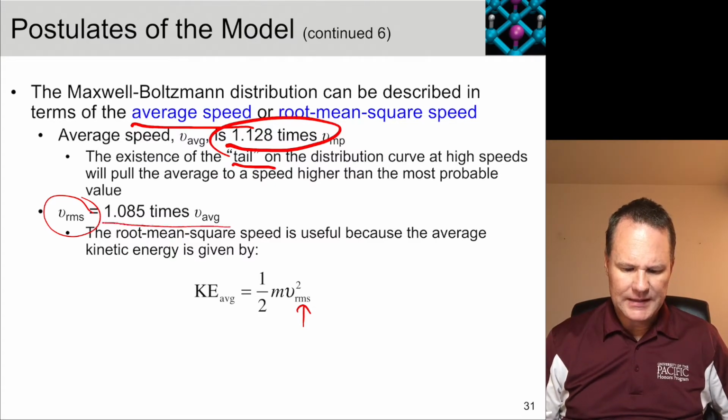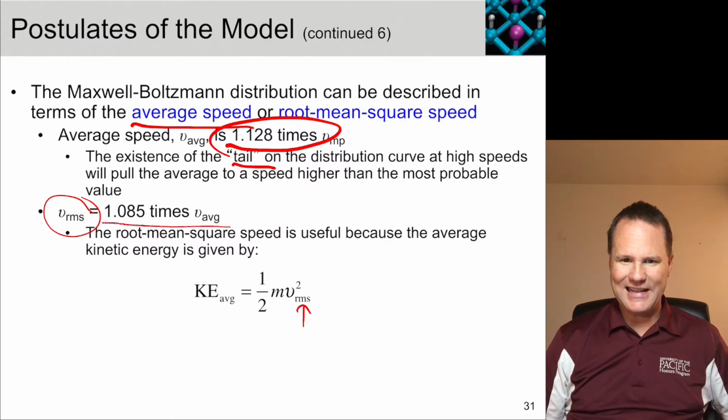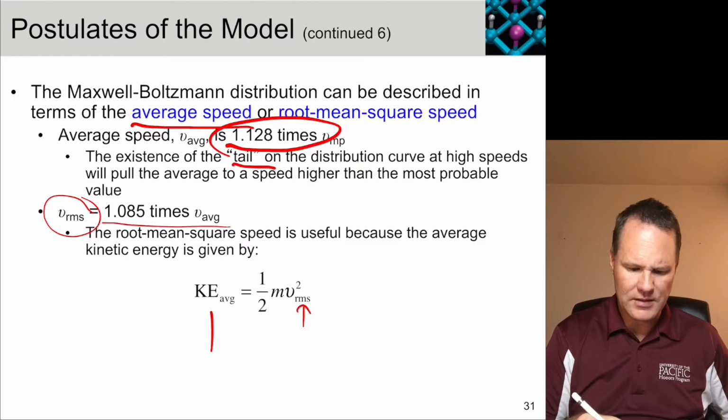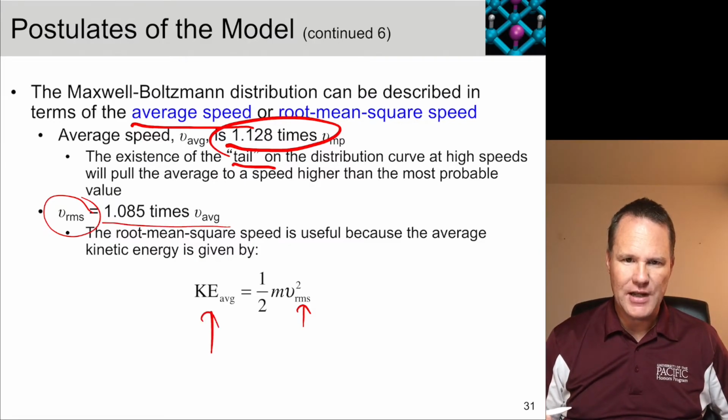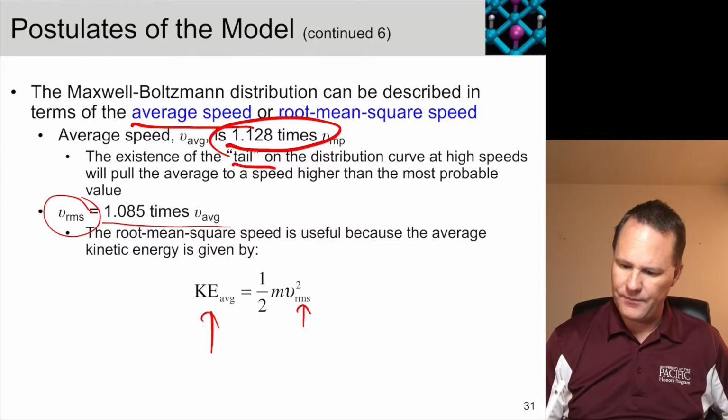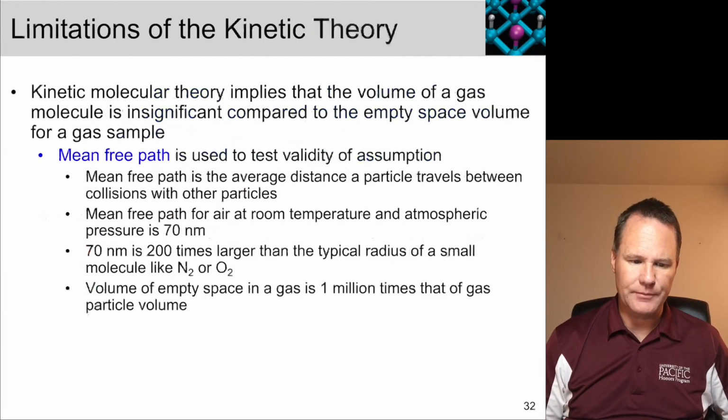But anyway, the importance of this is that since it runs in kinetic energies, squares of velocities, the average kinetic energy you can actually obtain from the root mean square velocity. That square times mass times 1/2 gives you the average kinetic energy.